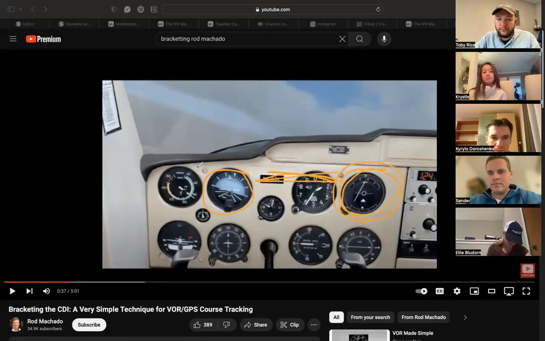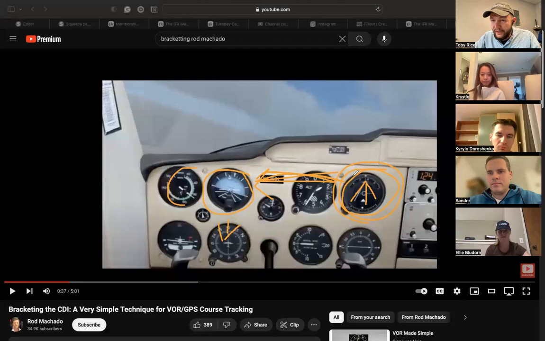Of course, watch your speed and watch your altitude, but keep your scan between these two instead of trying to be picky about little numbers down here. Simply say to yourself, is the needle moving left? Is it moving right? Or is it not moving at all? If the needle is not moving, then whatever heading you are holding is the correct wind correction angle, because the needle is not deflecting, it's parallel.